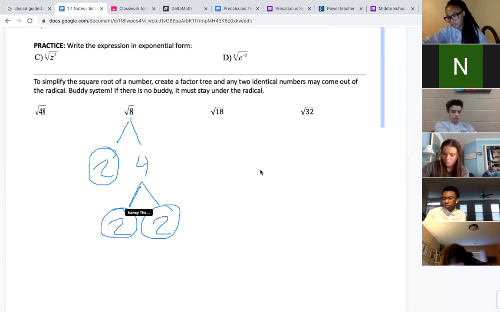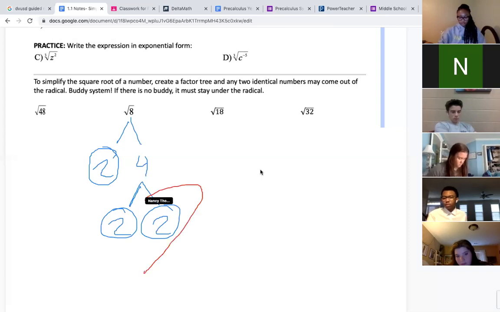Okay, so now we have some people and they're inside the house. She calls the radical, the little squiggle, the house. And she says there are 3 people inside this house and they're getting ready to go to prom. And you can only go to prom if you have your perfect match. You got to be super in love. And so this right here is a perfect match.